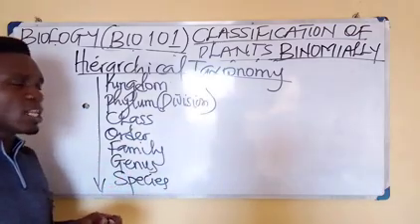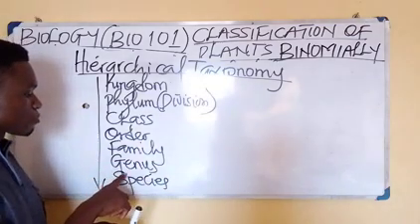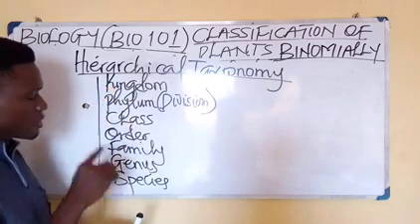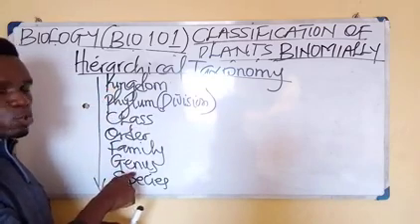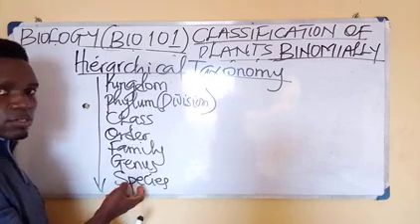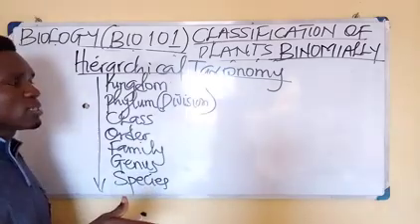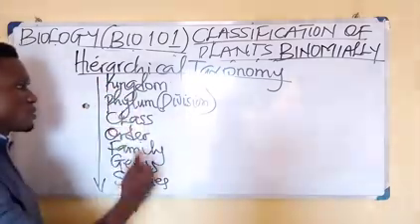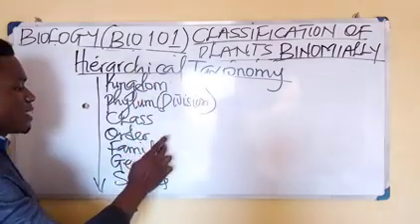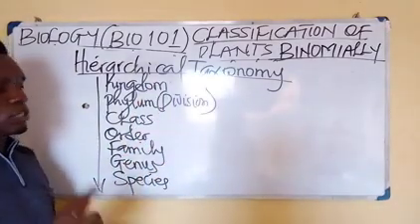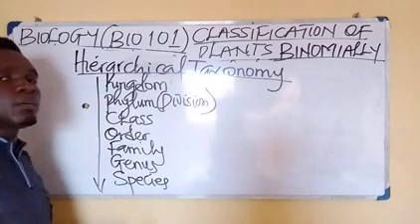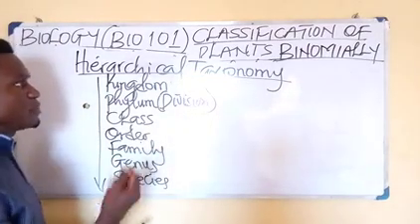Sometimes in higher levels, you have the so-called superspecies. After the superspecies, you now get to species. After the species, you now have the subspecies. But at this level, we are focusing on these 7: 1, 2, 3, 4, 5, 6, 7. There are 7 in number. The first name is called the generic name. The second name is called the species name.